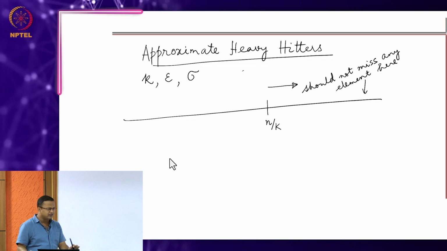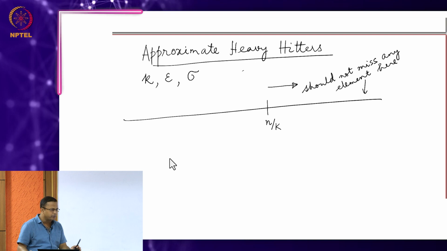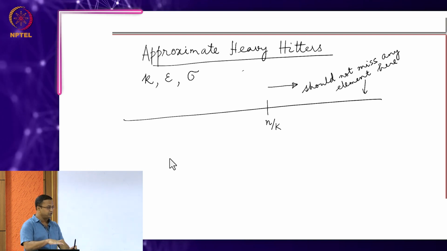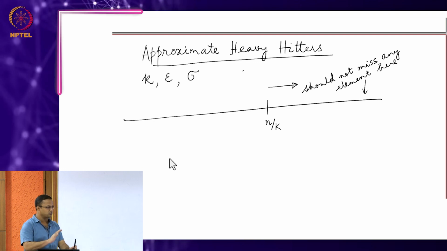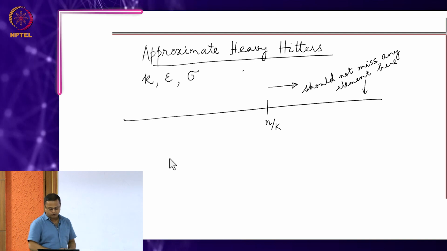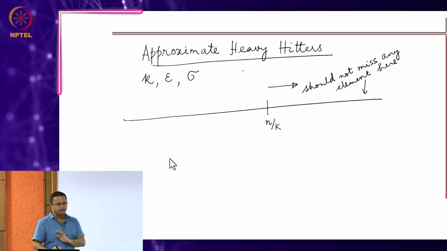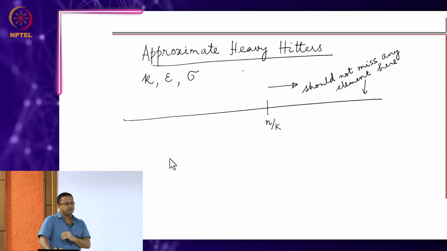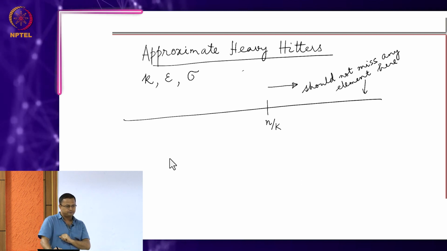It's a data structure that answers membership queries, right? So, the data structure that you design in here would be close to what you encounter in Bloom filters. Okay. Anyway, the idea in here is you should not miss any element which has the required frequency.